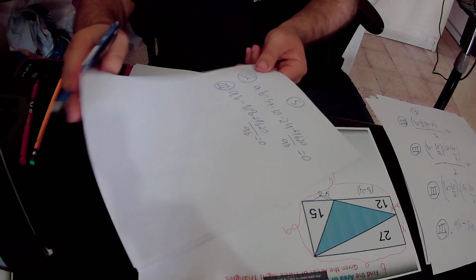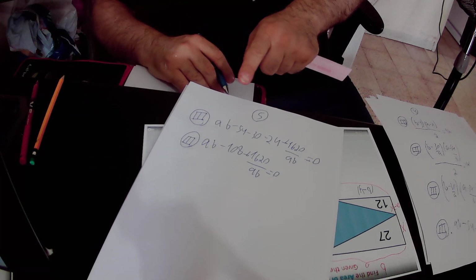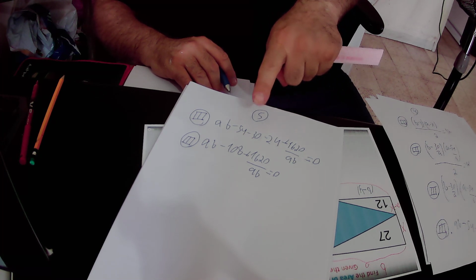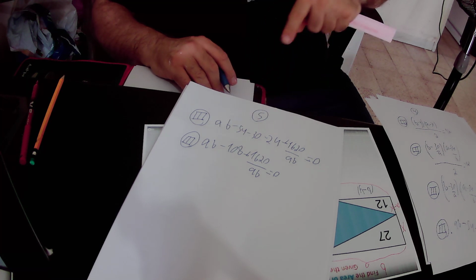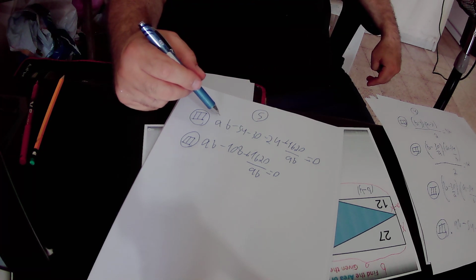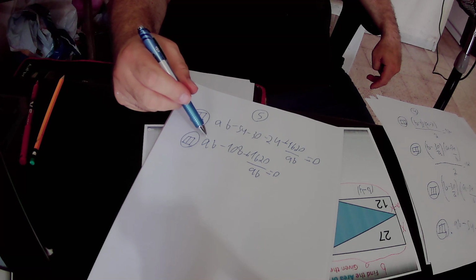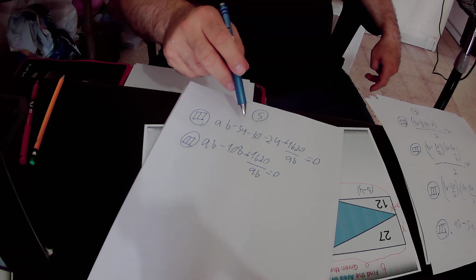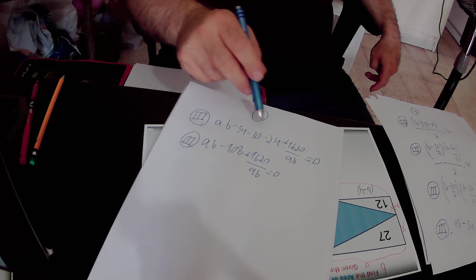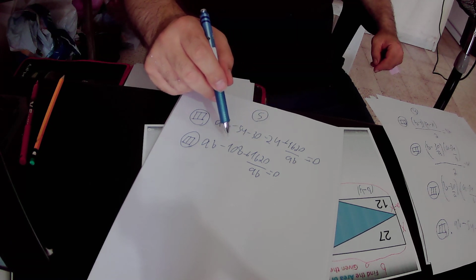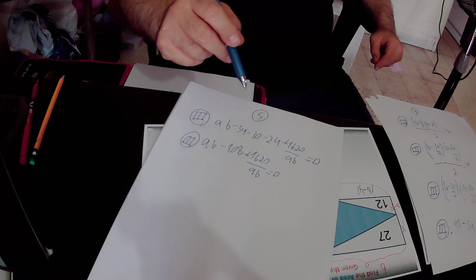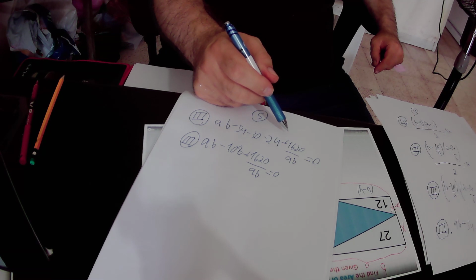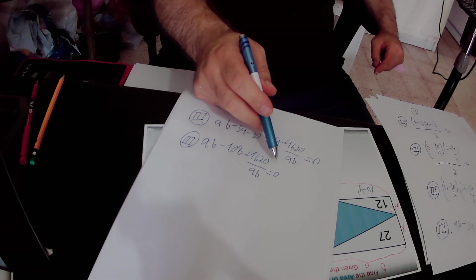Here it was ab, so we copied it here, and the subtraction of these three numbers equals negative 108, and we copied as it is 1620 over ab equals 0.